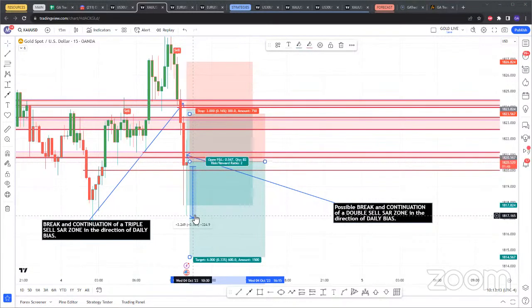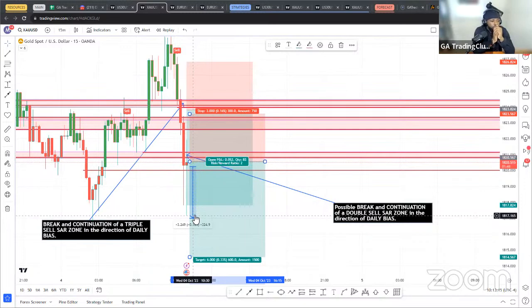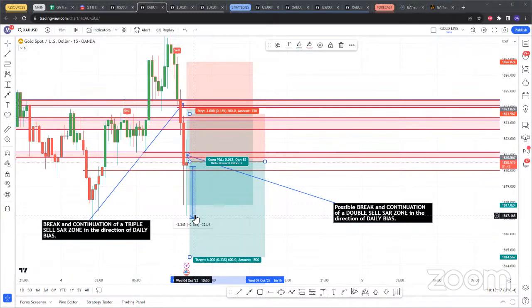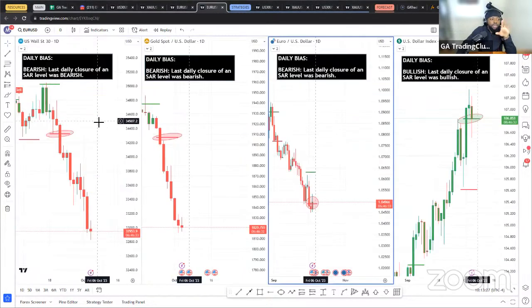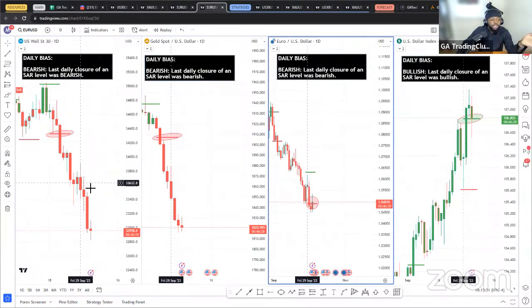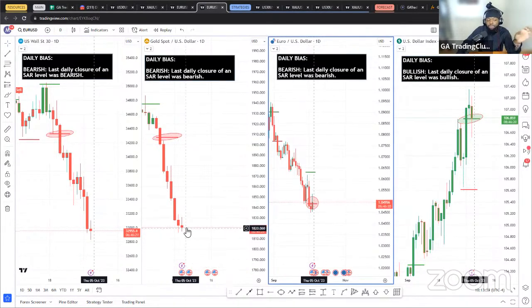Would you look for a buy to take it back up? No. For me nowadays, you guys can trade both buys and sells, but every day, for you to know whether I'm going to buy or sell, I just look at the bias. So long as gold remains, the last closure of an SAR was here, I'm just going to keep selling. But I'm not selling the bottom. I'm looking for zones where I'm going to sell.